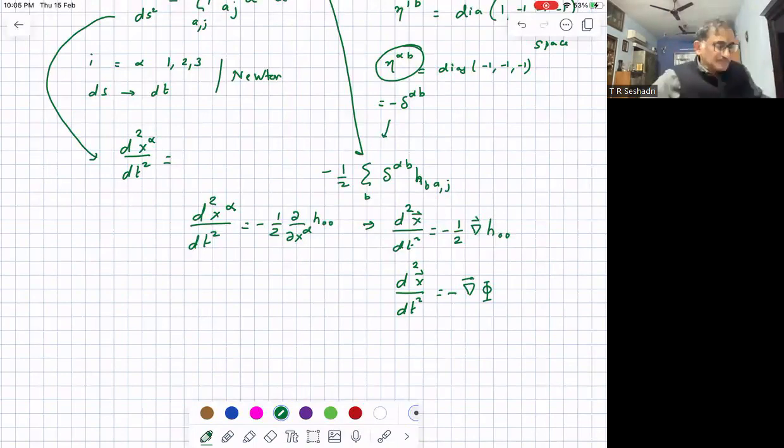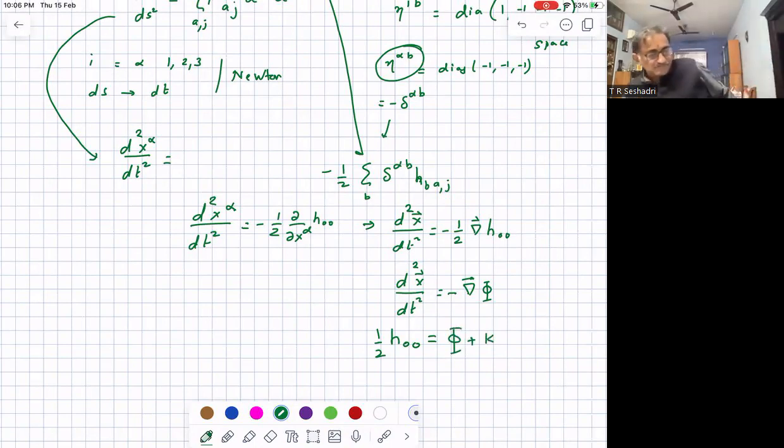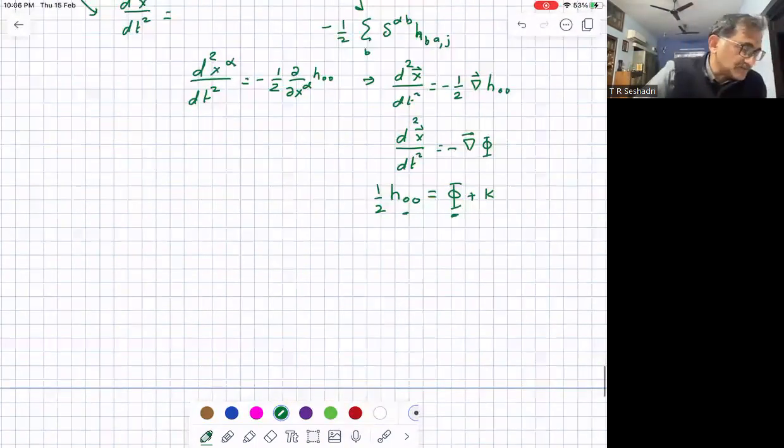So this means a very interesting thing: h00 by 2 is just phi plus some constant. The first time you have now got the connection between gravity and space. The h00, which is coming from space-time, has been related to the Newtonian gravitational potential.